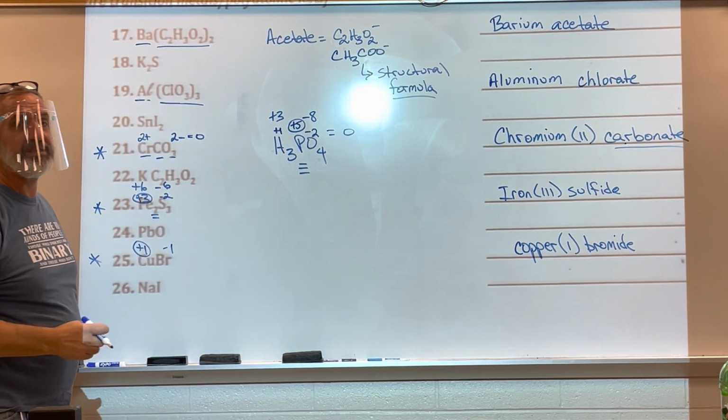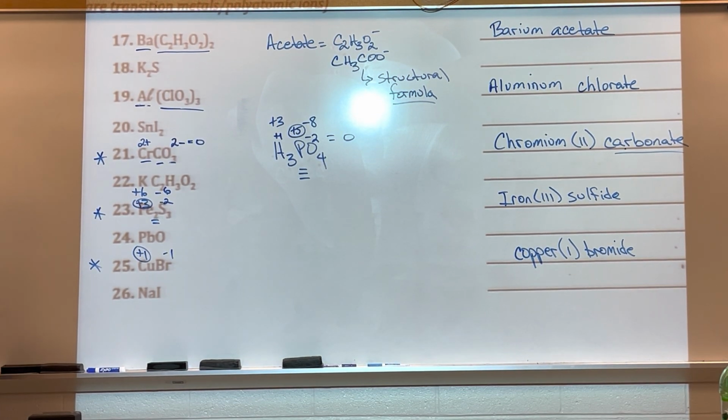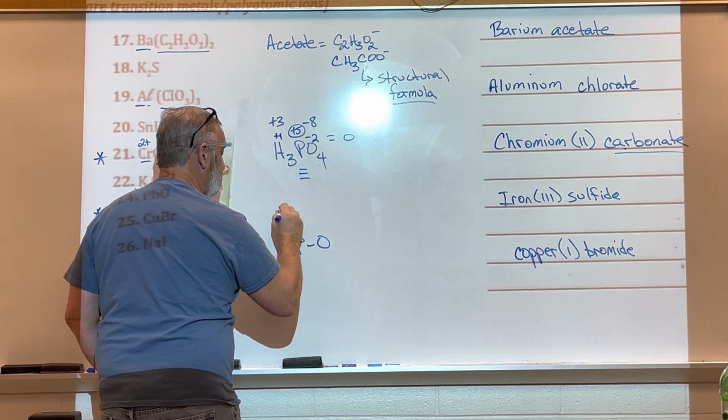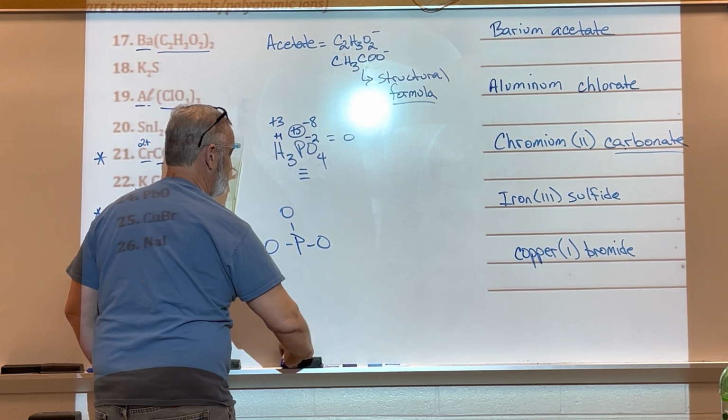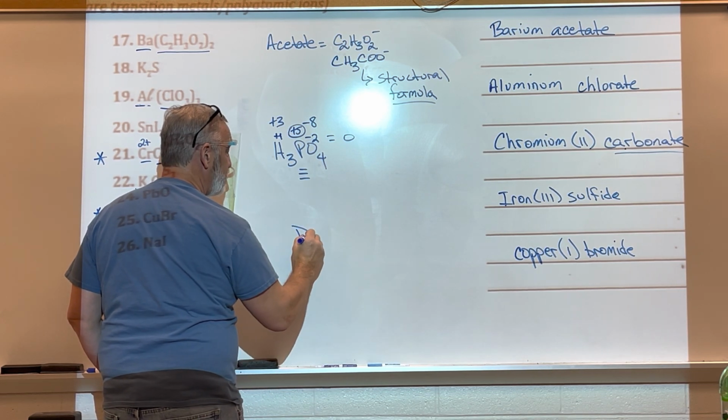Now that doesn't mean that the phosphorus has lost 5 electrons. That's why we're going to say +5, not 5+. Okay, and if I want to draw this, let me do it this way, I need to show electrons. Phosphorus has 5 valence electrons.